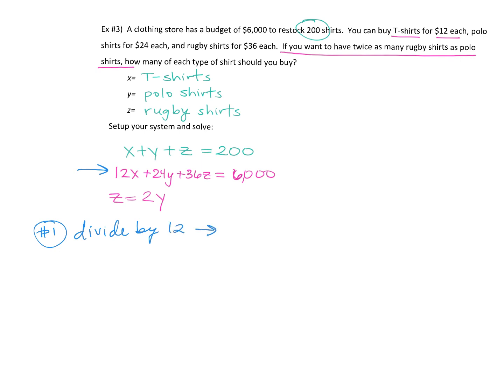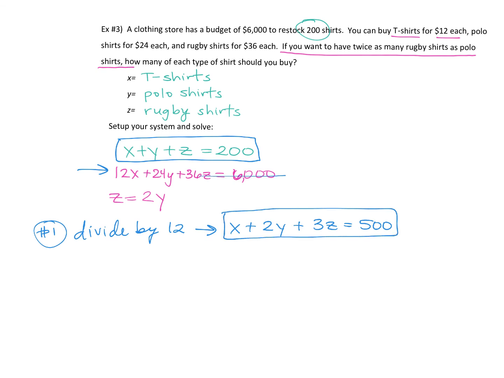Your new equation would be X plus 2Y plus 3Z equals 500. Much nicer, right? And you're allowed to do that. It doesn't change any values. If you divide everything by the same number, you're good. So we're going to be using this equation, ignoring the old one because we just divided, and this equation. That's your system, those three.